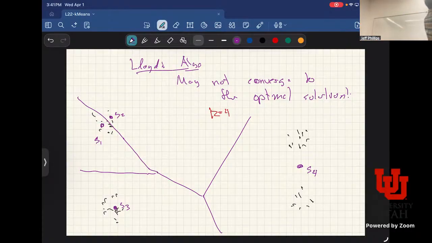Maybe I could put them so they balance these two splits, but I'm not going to update them. They're now on the average of all the points that they are representing. S4 is also the average of all the points it's representing, but this doesn't look like the best answer, right? So this would be called a local minimum.